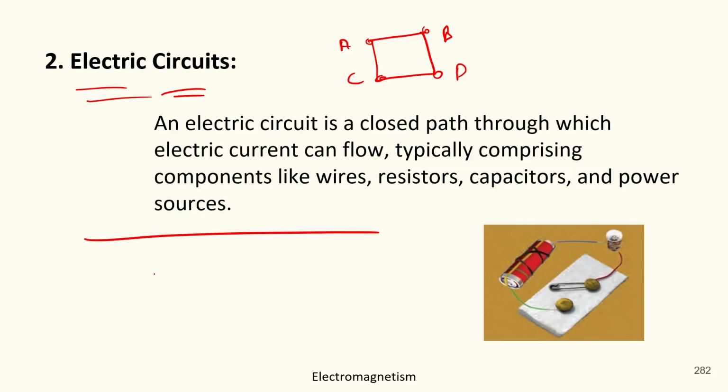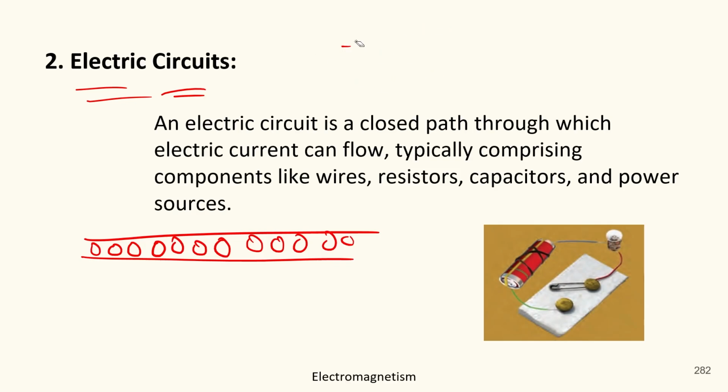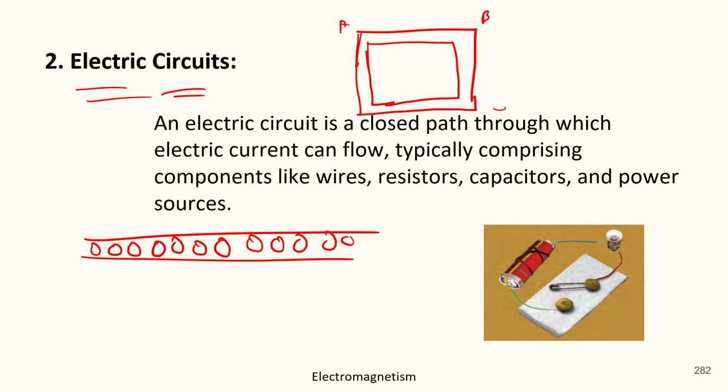Basically, you can say if this is an electric wire, then there is an electric charge. This is an electric charge. Point A, point B, point C, and point D. And this is an electric charge between these.